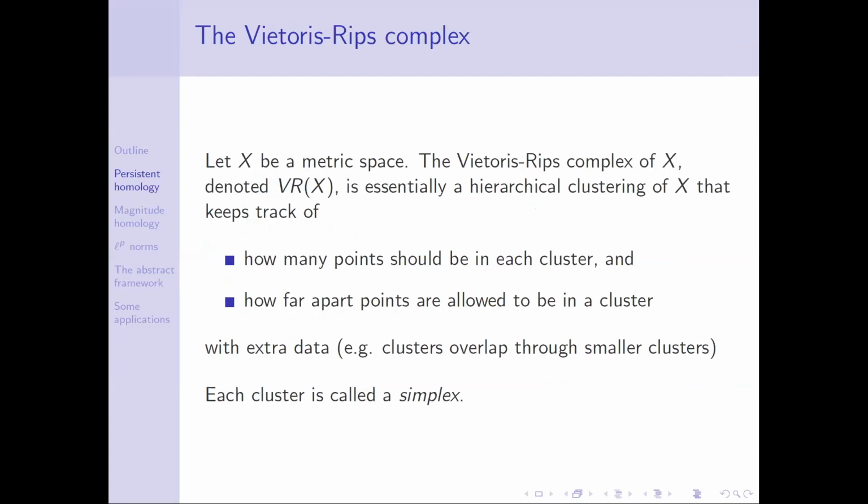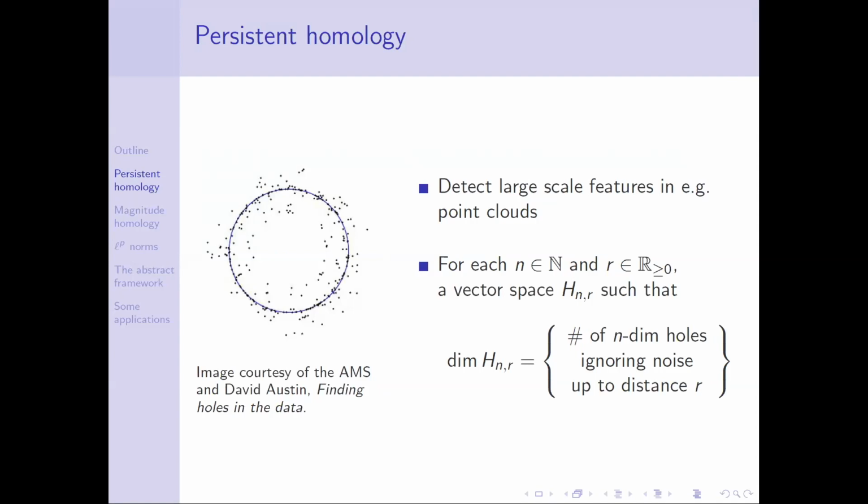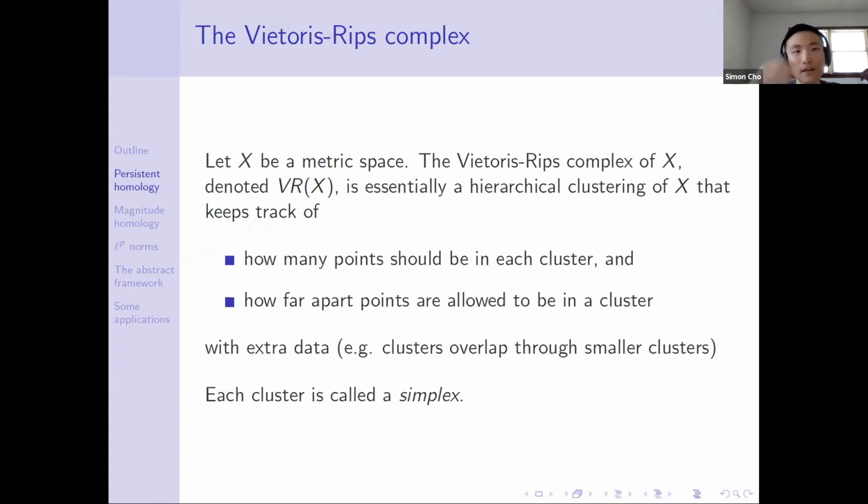Okay. This is obtained by a construction called the Vietoris-Rips complex. That's the main ingredient in persistent homology. You have a metric space X, and we call that VR of X. For those who haven't seen simplicial complexes, you can think of it as essentially a hierarchical clustering of X. It's parameterized by two things. Number one, how many points you're forcing to be in each cluster, so that's n, a whole number.